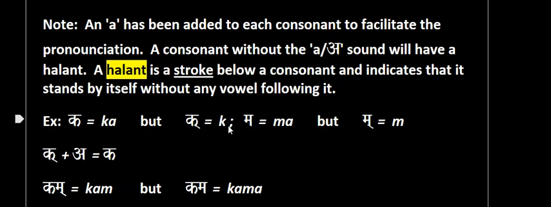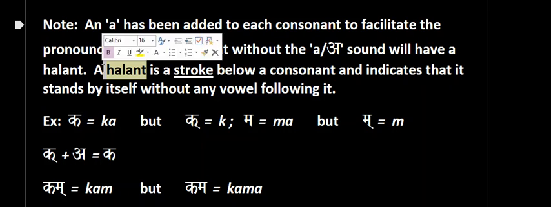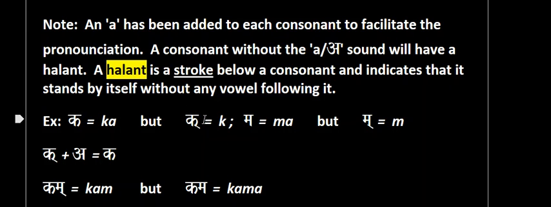We wouldn't have ka anymore, but we would have k. That k is represented by the ka, but the only difference is that it has this little stroke in the bottom here. The name of this stroke is halant. A halant is a stroke below the consonant that indicates that it stands by itself without any vowel following it. In this example, this vowel is a.